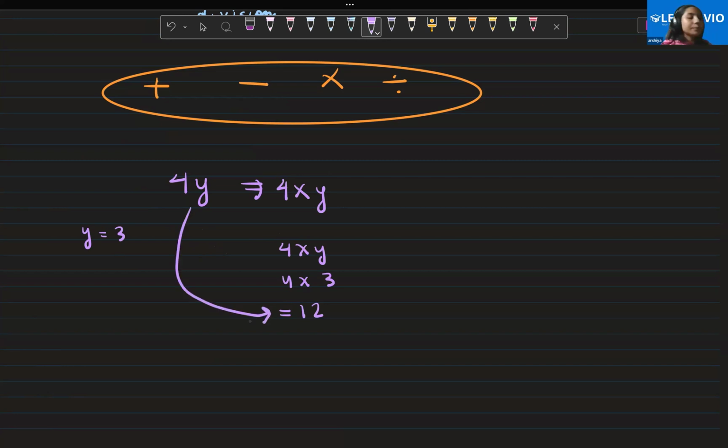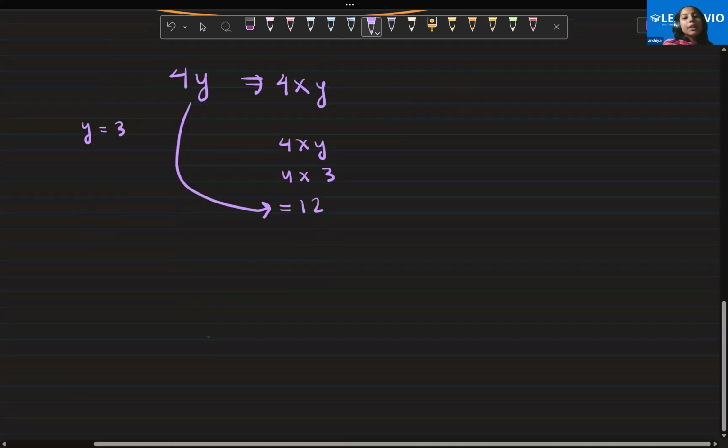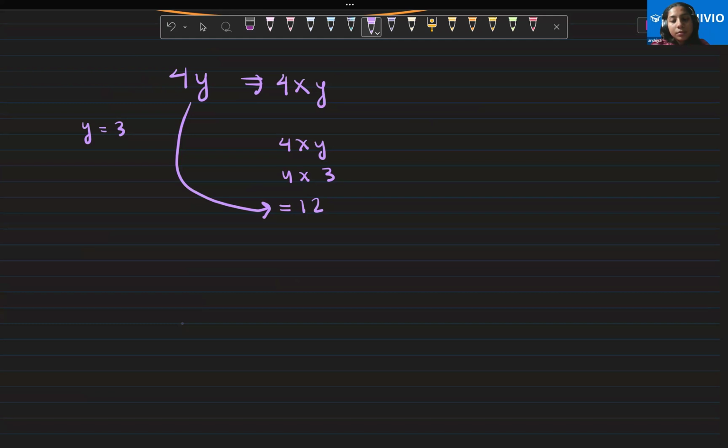So you can say that the value of 4y is 12. Does that make sense, everyone? Yes, ma'am. Can we take any of the signs, like multiplication, subtraction, or is only a specific one needed in one equation? Why did we take multiplication only for 4y?